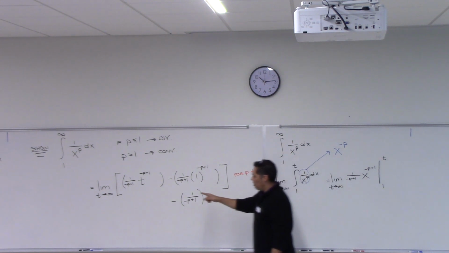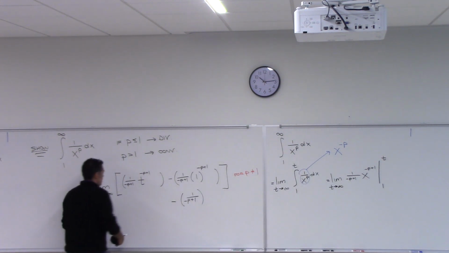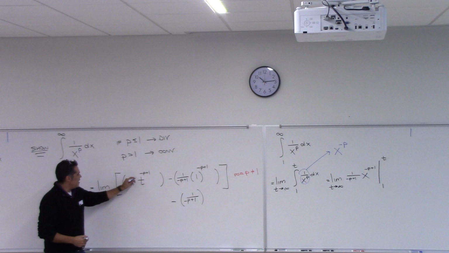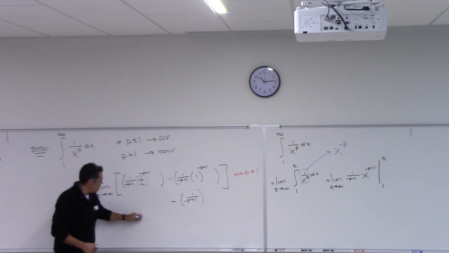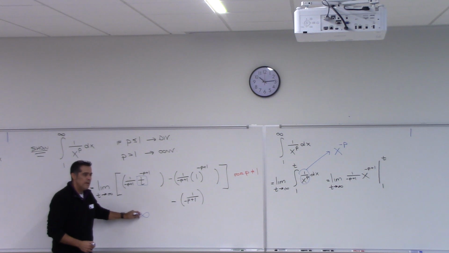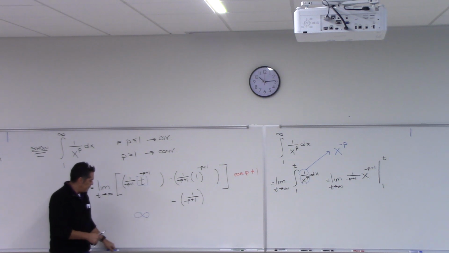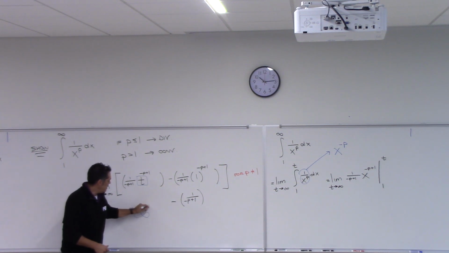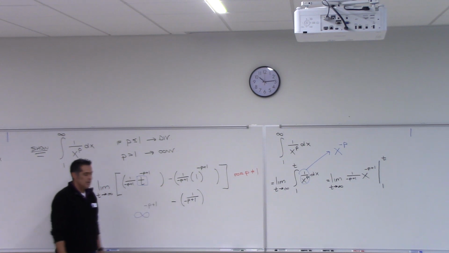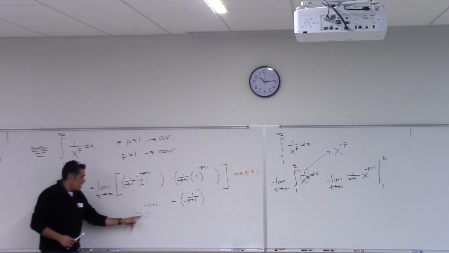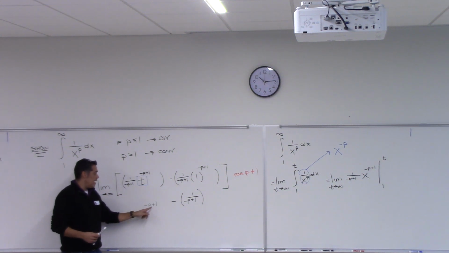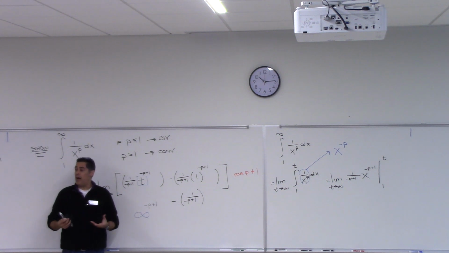This is the part that's harder. What's happening here is that this is headed to infinity. So we have some number that's getting huge, right? But it's being raised to negative p plus 1. What happens if I take a number that's getting big and raise it to a positive power?